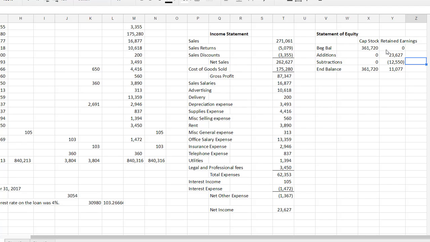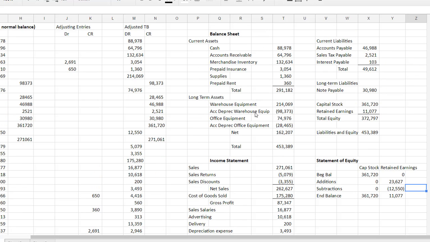You had the net income, new net income. The subtractions were the dividends from the trial balance, and then your balance sheet, which balances with your new adjusted balances. So that is your process of adjusting entries.